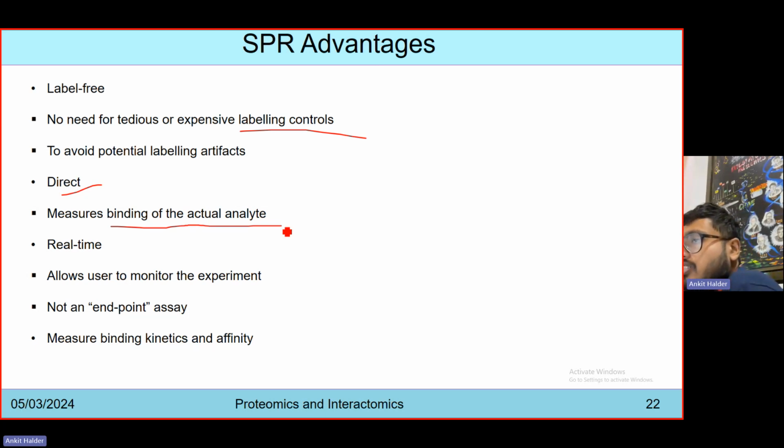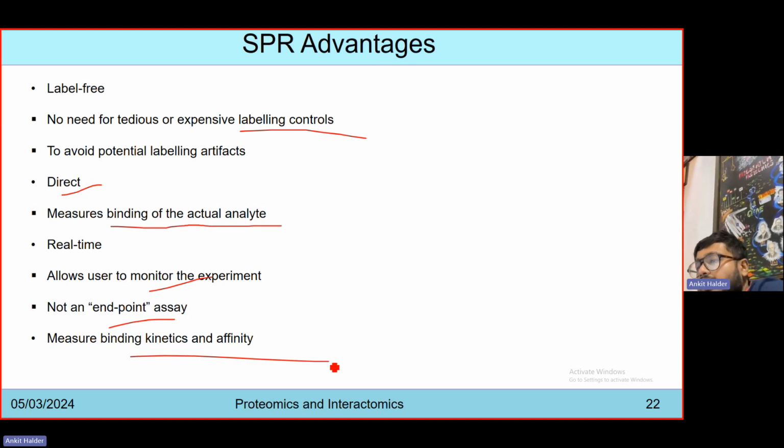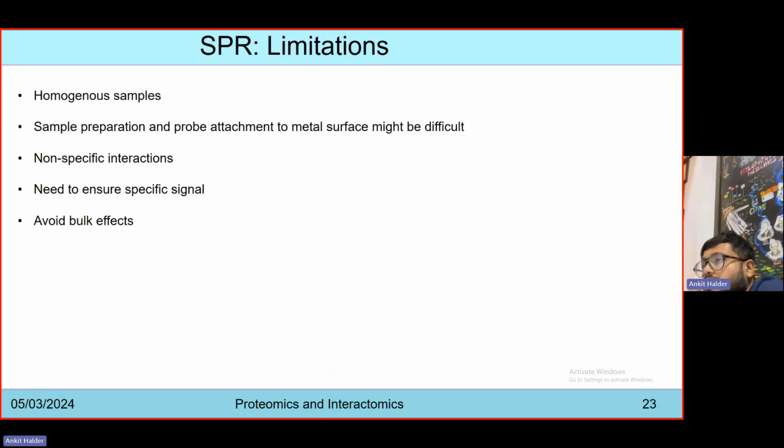So it is direct and it helps to measure the binding of the actual analyte and avoid any kind of labeling artifacts. In real time, it allows the user to monitor the experiment, and obviously it is not an endpoint assay, and it measures the binding kinetics and the affinity.